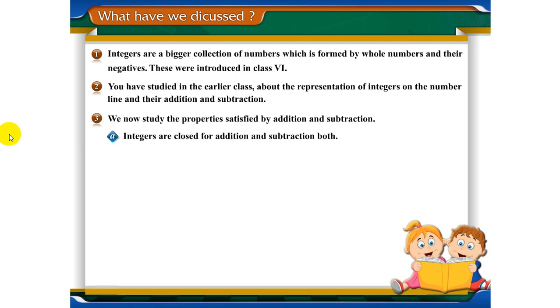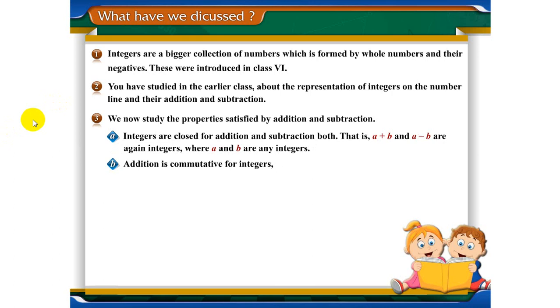(a) Integers are closed for addition and subtraction both. That is, A plus B and A minus B are again integers, where A and B are any integers. (b) Addition is commutative for integers. That is, A plus B is equal to B plus A for all integers A and B. (c) Addition is associative for integers.